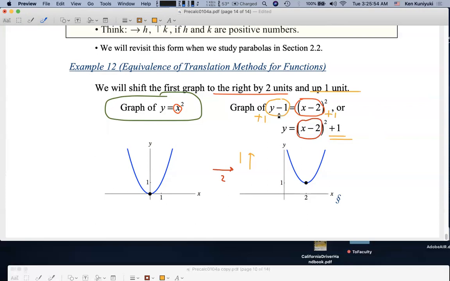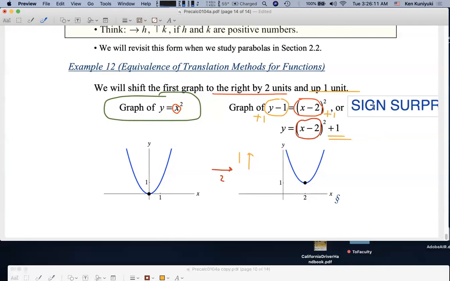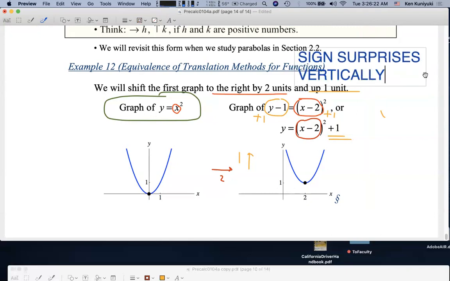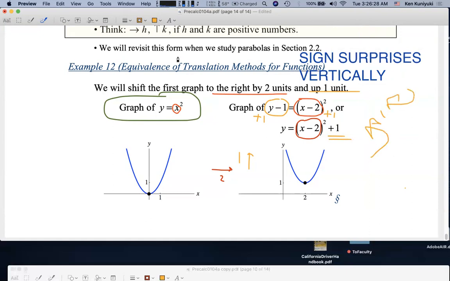So when you add 1 to both sides, which gives an equation that looks more familiar to us from earlier in the section, basically we're going from a situation where the sign surprises vertically at first, to one where the sign is predictable. The sign is as expected.